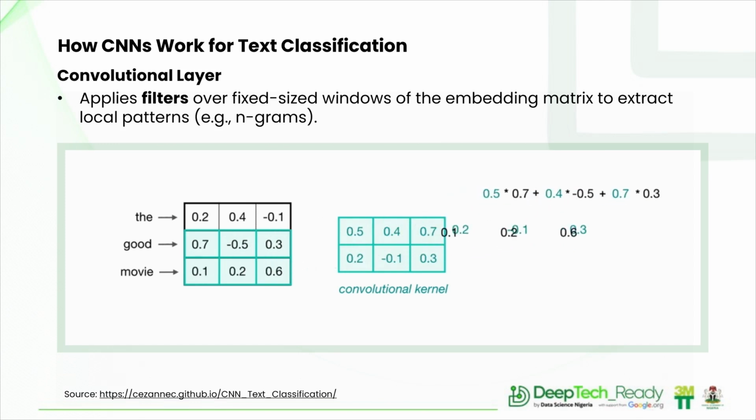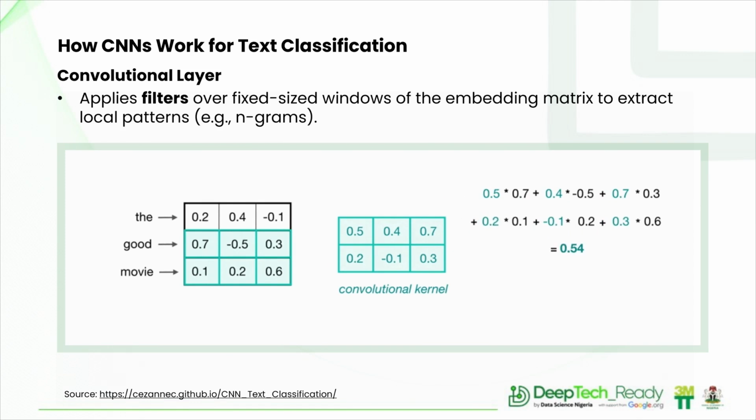So to look at 2 words, we can use 2x3 convolutional kernels, and then the kernel weights are placed on top of 2 word embeddings. In this case, the downward direction represents time, so the word "movie" comes right after the word "good" in this short sequence. The kernel weights and the embedding values are multiplied in pairs and then summed together to get a single output.